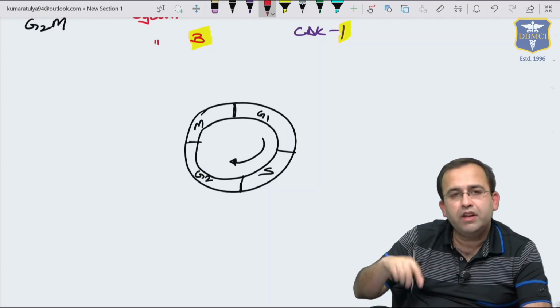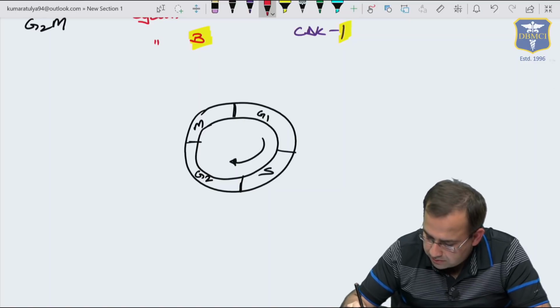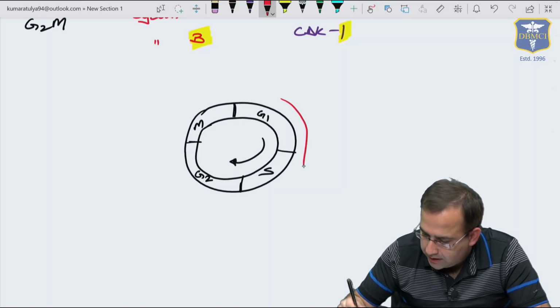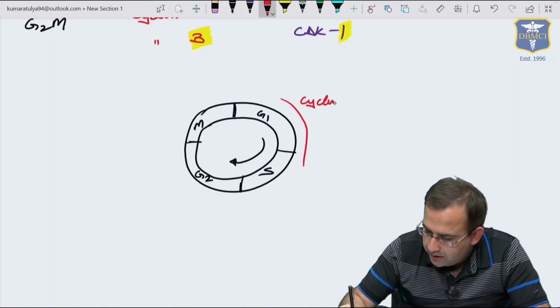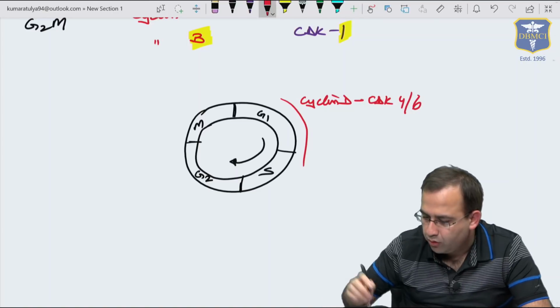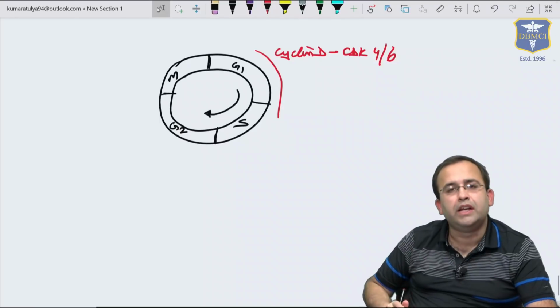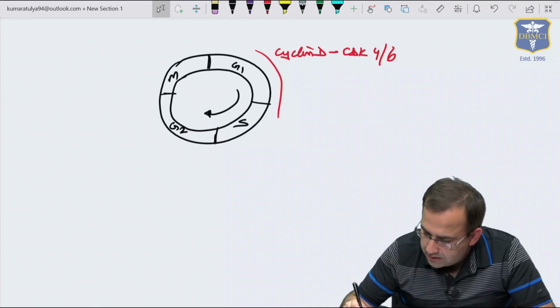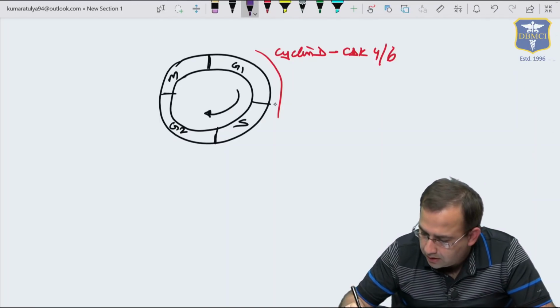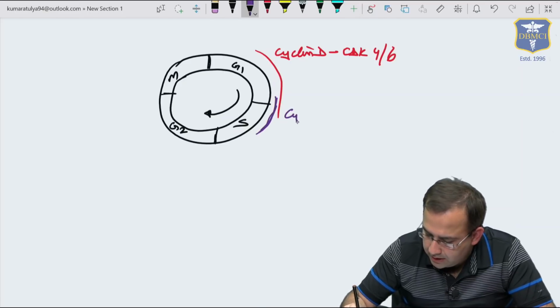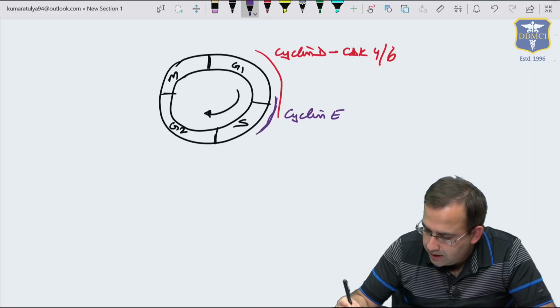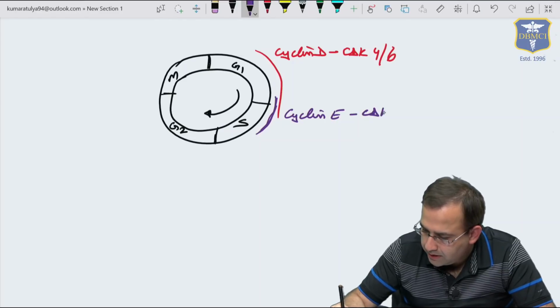Now G1S is crossed by cyclin D, which binds to CDK4/6. Next, after cyclin D comes cyclin E. This is where cyclin E role comes. Cyclin E binding to CDK2.